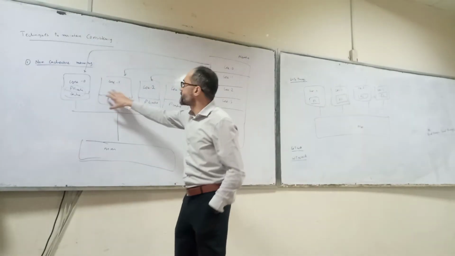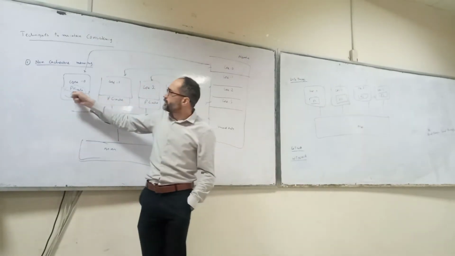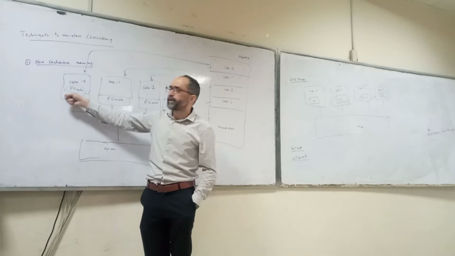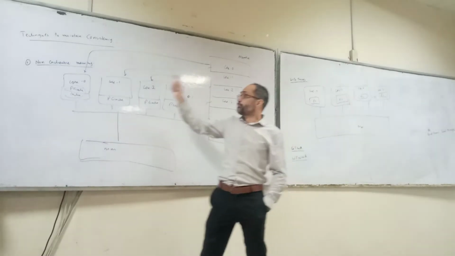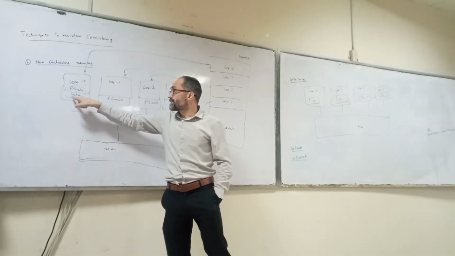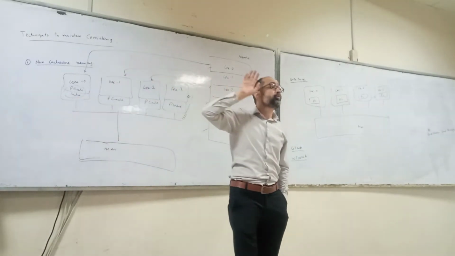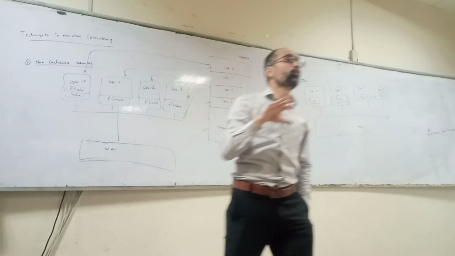Okay, now let's say we have 16 cores, and one core writes the data and informs all the other cores. Maintaining this coherence message from this core to all cores will require huge network overhead.